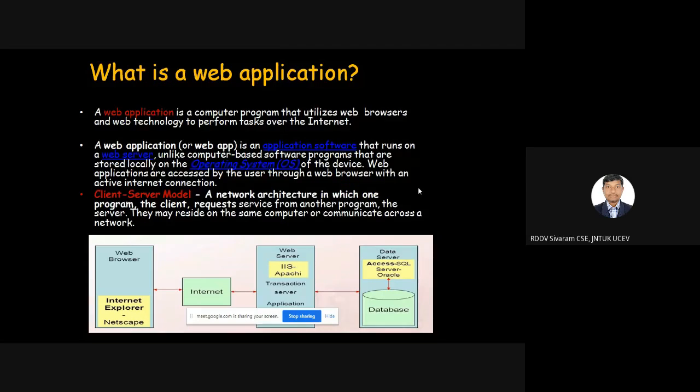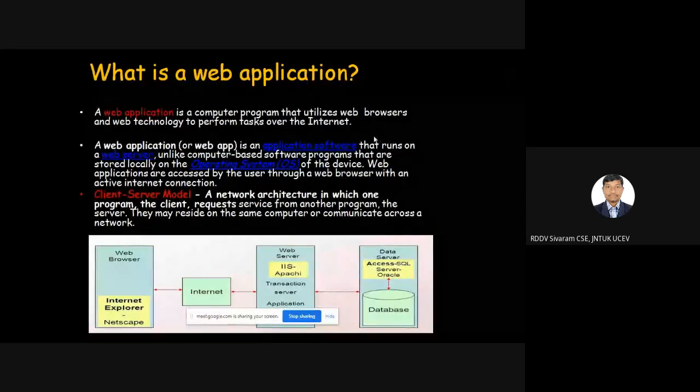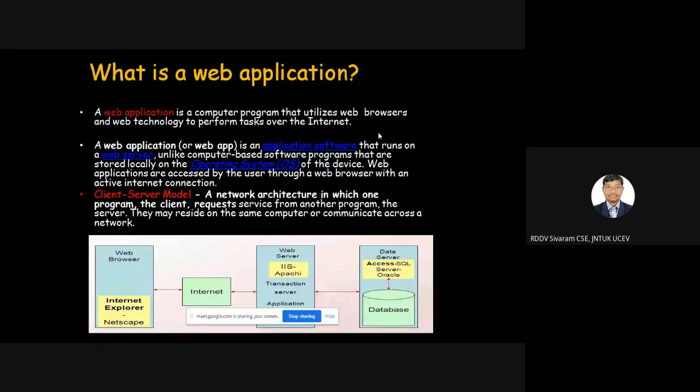You have a client and you have a server. The client is a dynamic system. As and when I want some service, it will send a request to the web server. Like if you go to the Google search engine and want to search for something, we'll open a browser. That browser may be anything. It's a web client. It could be Internet Explorer, Netscape Navigator, Mozilla Firefox, Chrome, or some other.